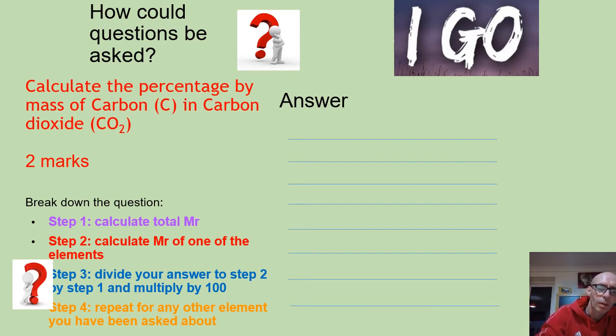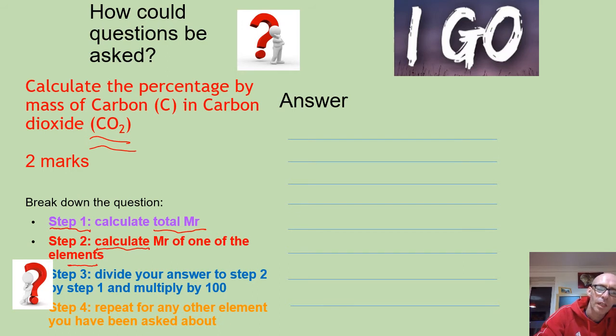So step one, you calculate the MR, which we've done for CO2. This is the same question. We're just going to formalize it here. Step two, you calculate the mass of just one of the elements. In this case, it was carbon.